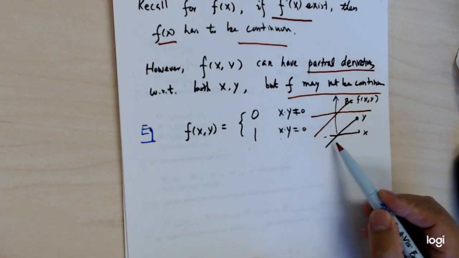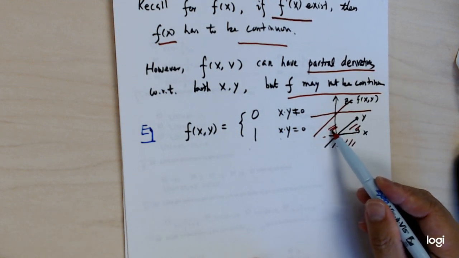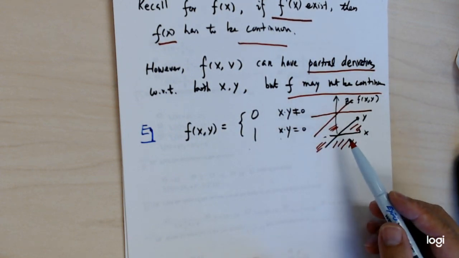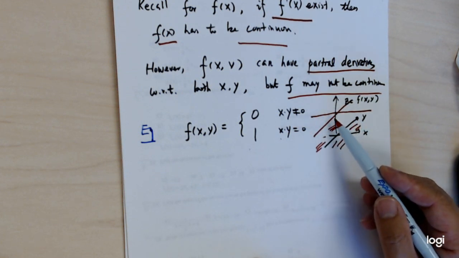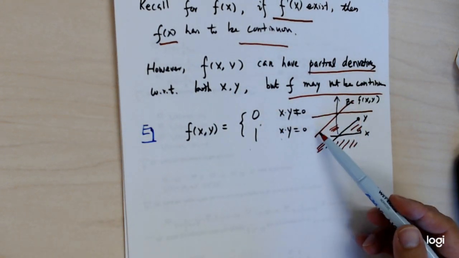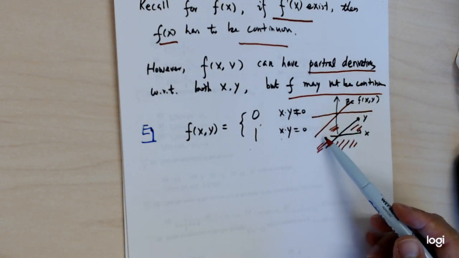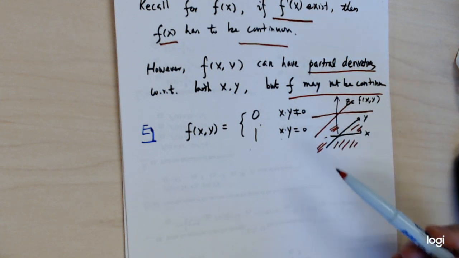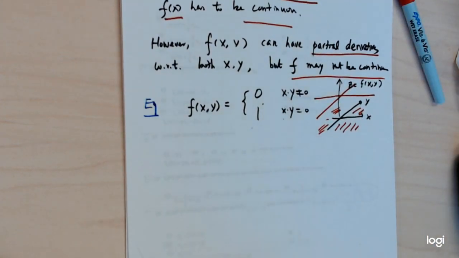Away from the x-axis or y-axis, they're all zeros. So this is essentially the xy plane combined with those two horizontal lines up there. That's the graph for this function: two horizontal lines on top, and then the xy plane where you get rid of the x-axis and y-axis, because along those two axes the value is 1.